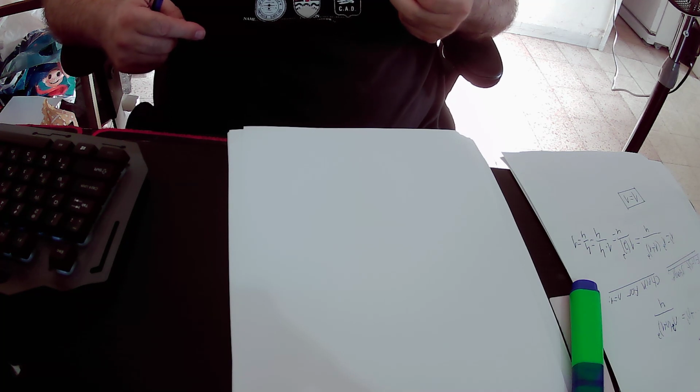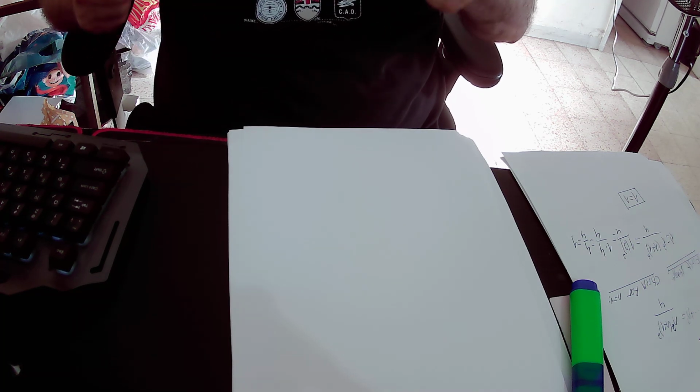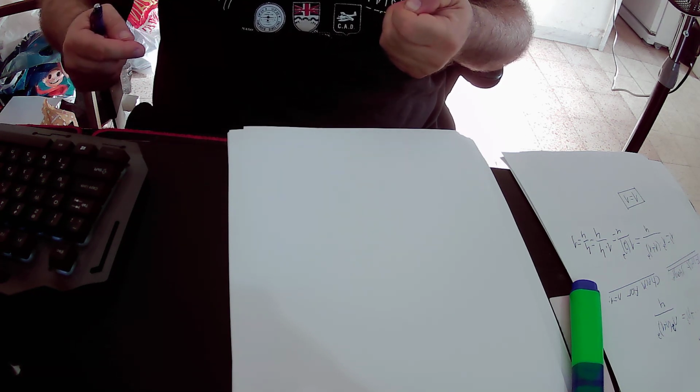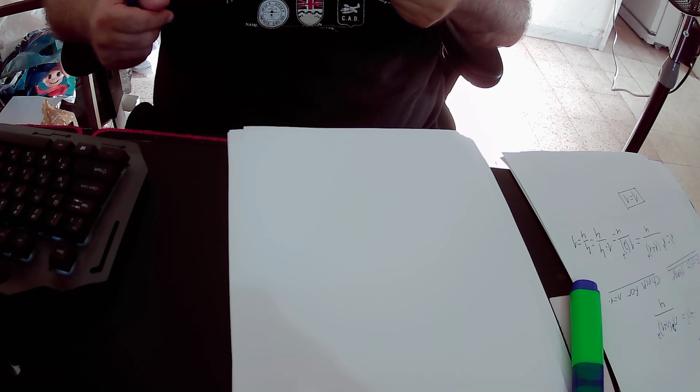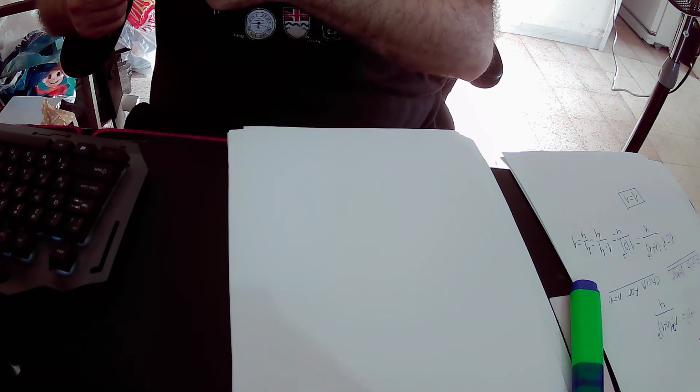So we can say that because the statement is true for n equals 1, we can deduce from the second stage that it also must be true for 1 plus 1. Because we proved in general that if it is true for n, it also must be true for n plus 1.